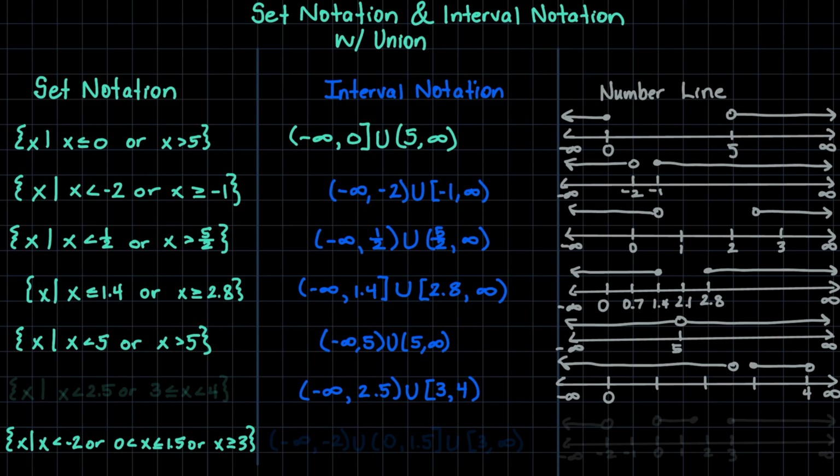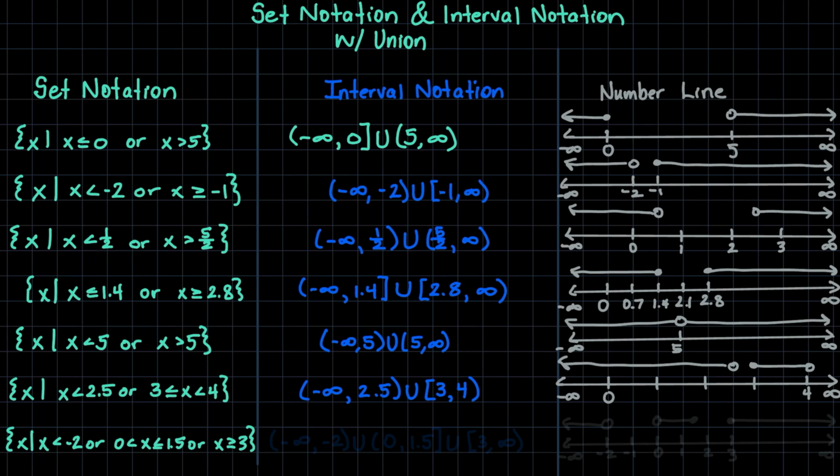So everything less than 2.5 and anything between 3 and 4, including 3, but not including 4, which means x such that x is less than 2.5 or between 3 and 4. Remember, we write between 3 and 4 as 3 is less than or equal to x, x less than 4.